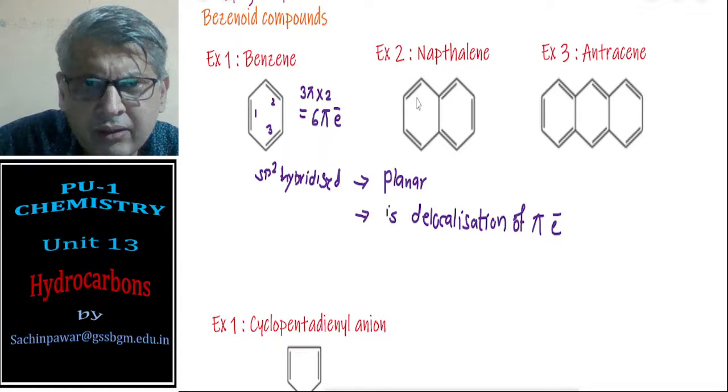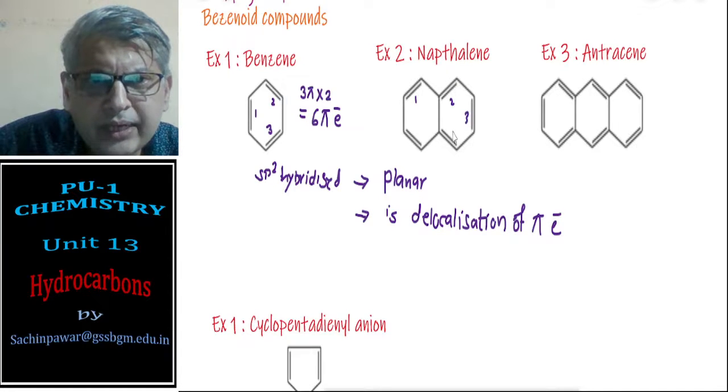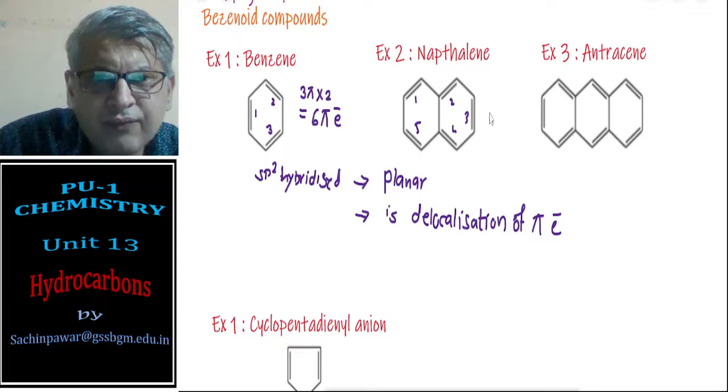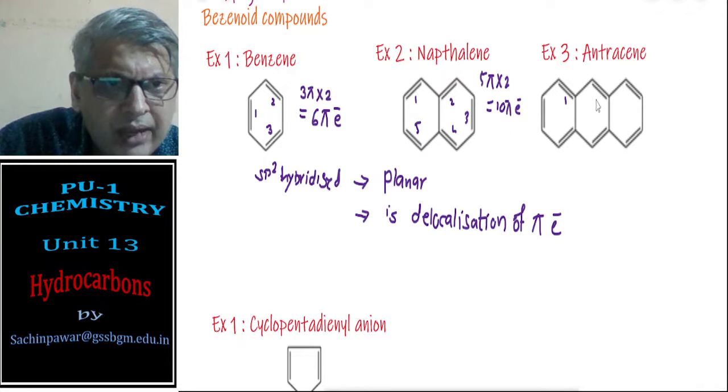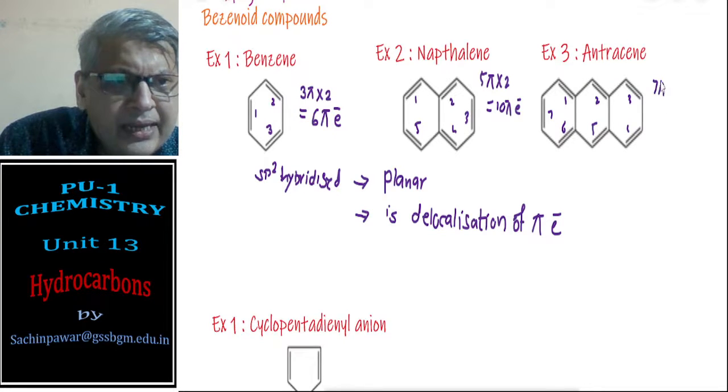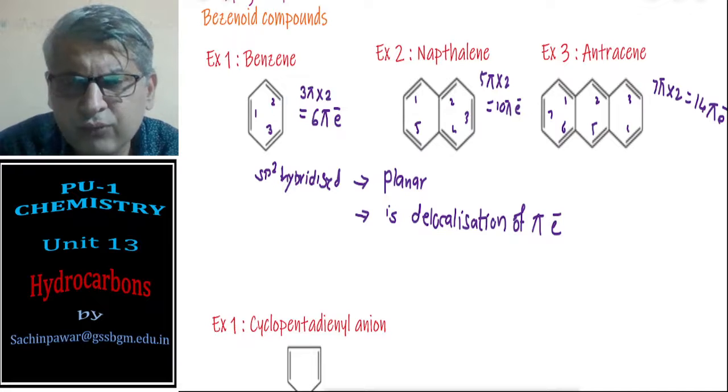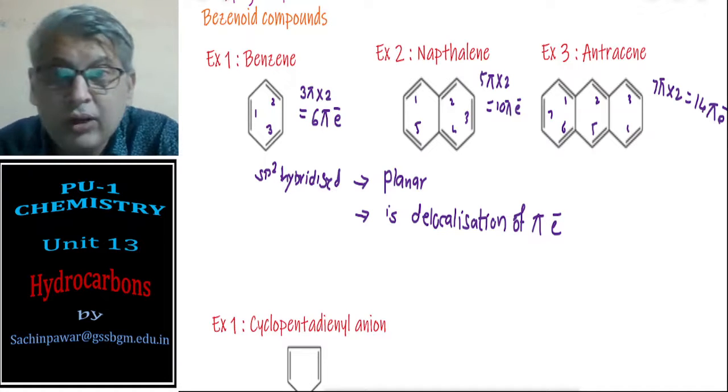Here, 5 pi bonds, so 10 pi electrons. And here, 7 pi bonds, so 7 times 2 is 14 pi electrons. Now we have to see whether they fit into the formula 4n plus 2 or not.